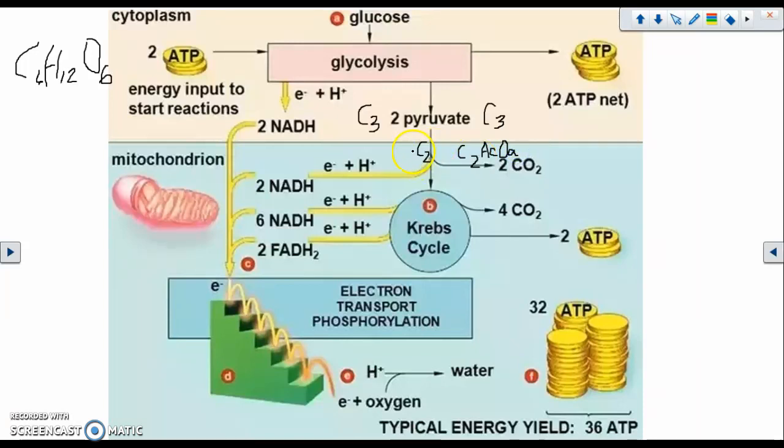Now, if you can see, each one of them lost a carbon. Guess where that carbon went? It becomes carbon dioxide, shown here. Then these 2 carbons join with a 4 carbon substance. The little enzymes and the little substances are not important for you.